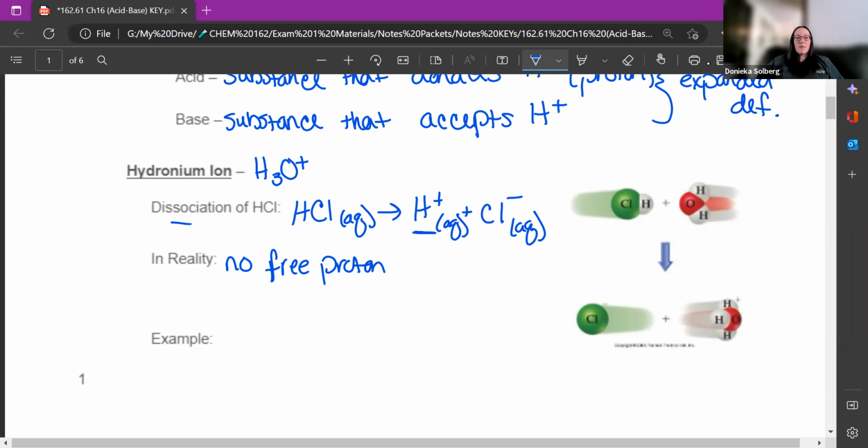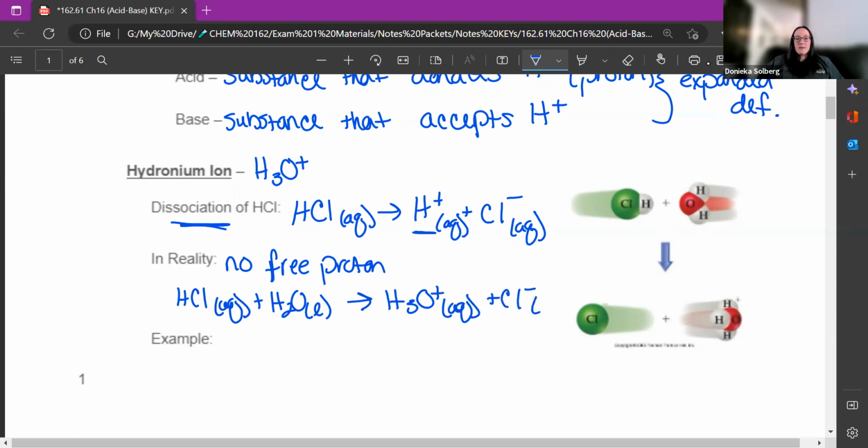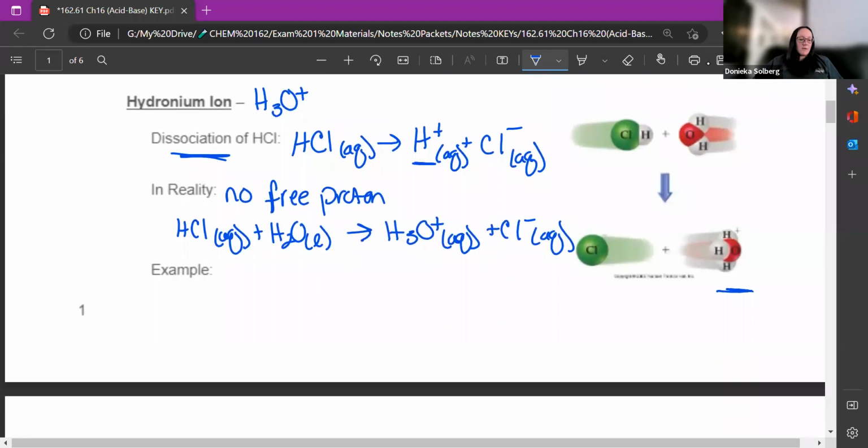We write this as the dissociation equation, but in reality, HCl in water makes H3O plus and Cl minus. That's what this picture is showing. HCl goes into water, and we know it completely dissociates because it's a strong acid. The H plus connects to a water molecule, so in reality this is what's in there, not just H plus. Like I said, we'll see a lot of that.